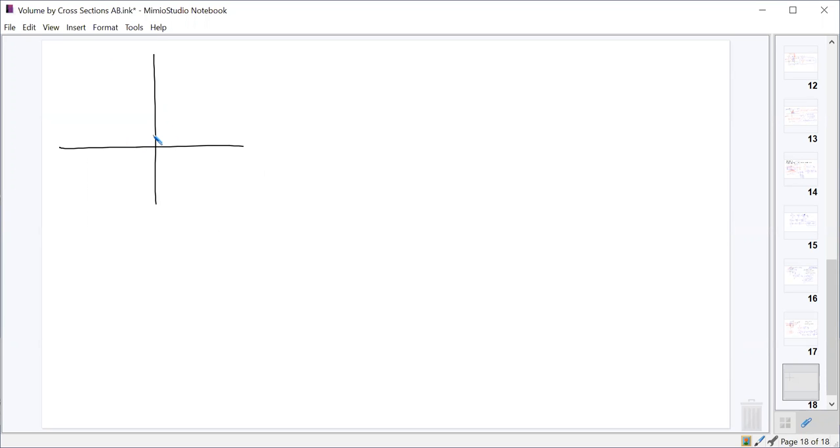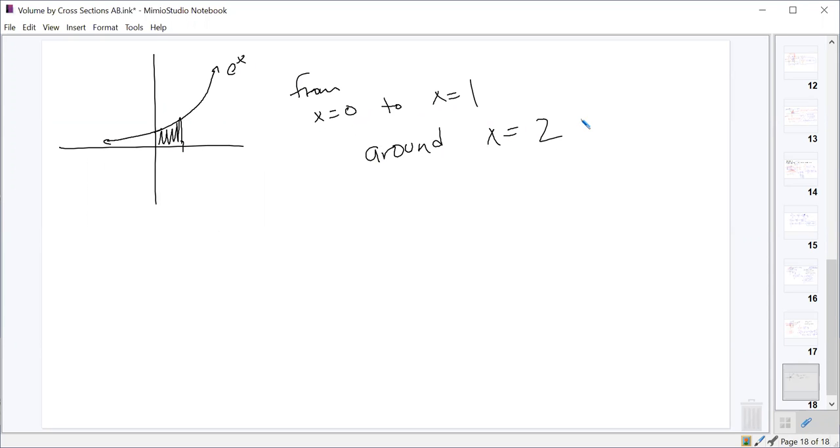Let's do the e to the x function. Do e to the x from, let's say, x equals 0 to x equals 1. So just this little bit here. And let's revolve it around x equals 2.